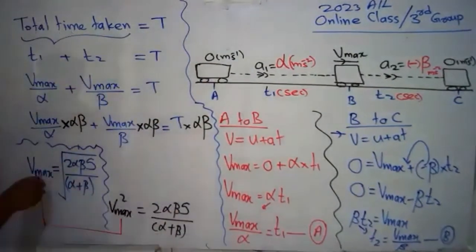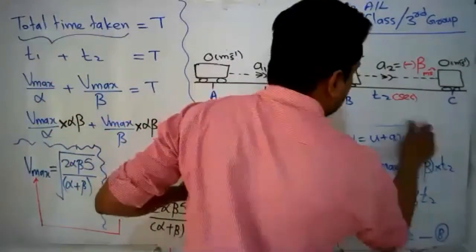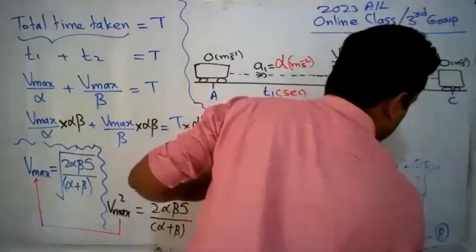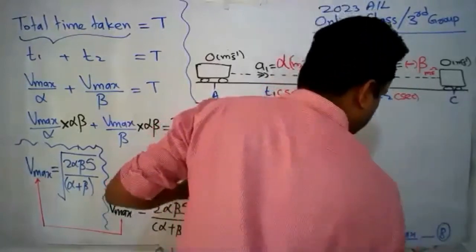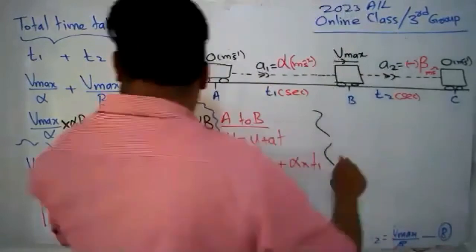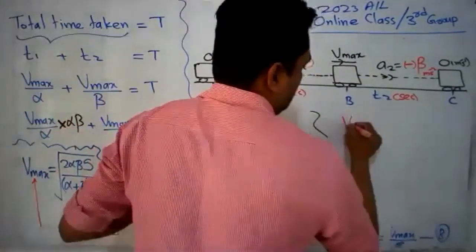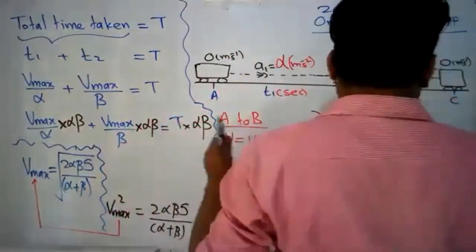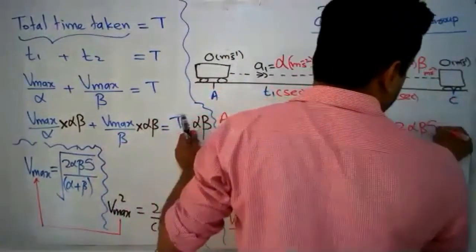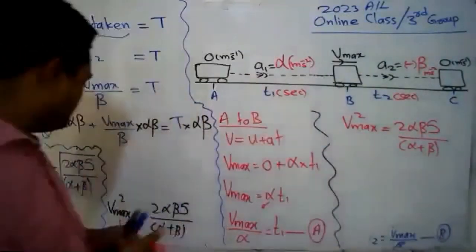Please write them. I'll write these two terms that side because I want to use them in future. So I'll write that V max square is 2 alpha beta s over alpha plus beta.